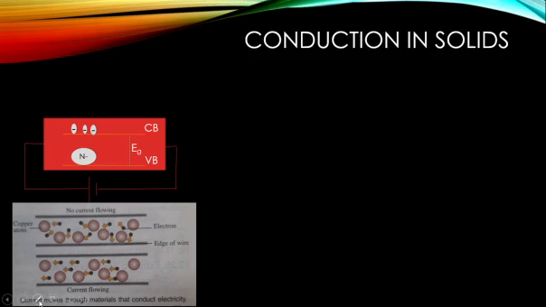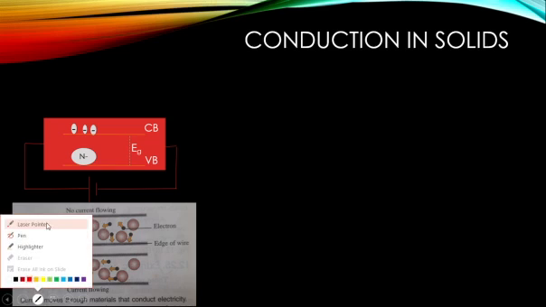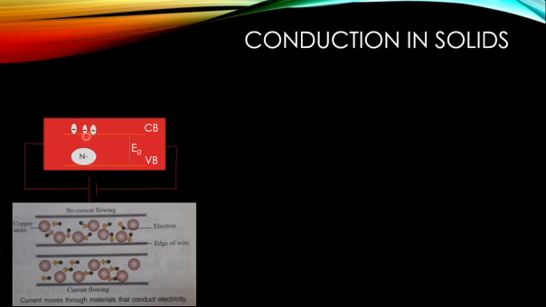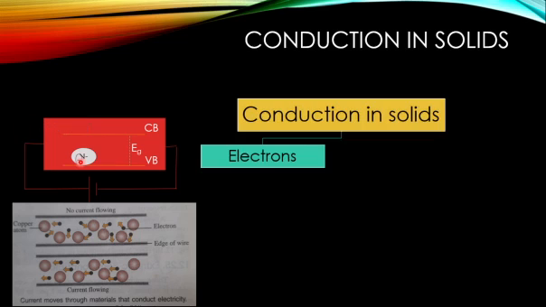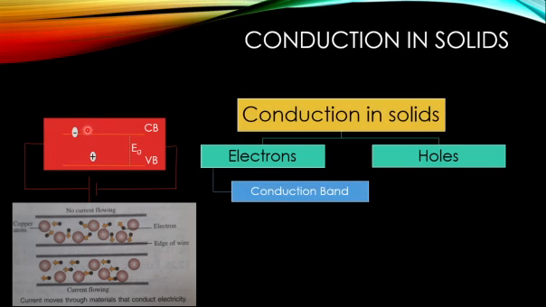What will happen to the bond in the atom? Since the electrons are freed from the valence shell of the atom, the freeing of an electron from the valence band will generate a hole. What is a hole? A hole is a vacancy of electron in the bonds.